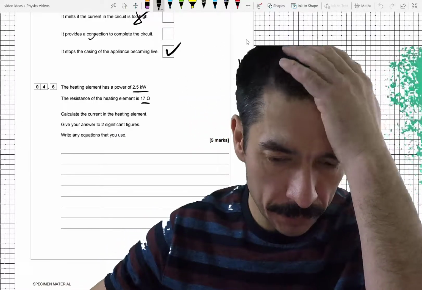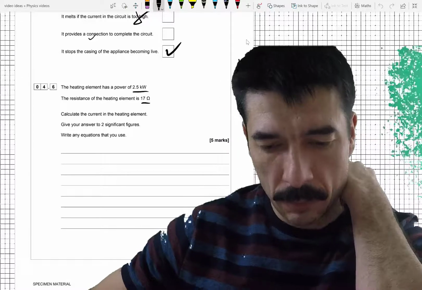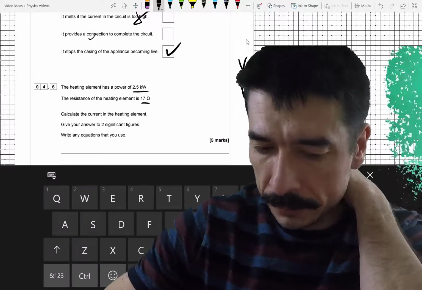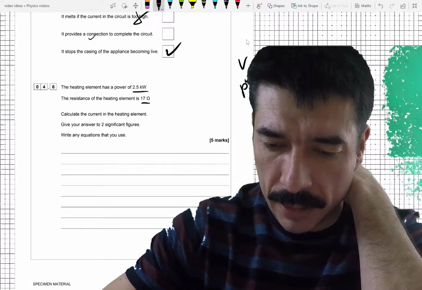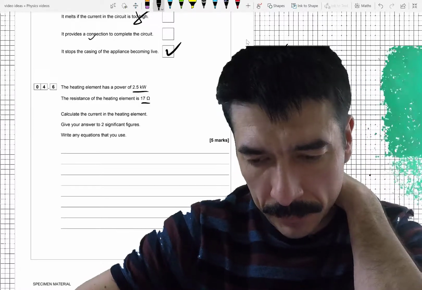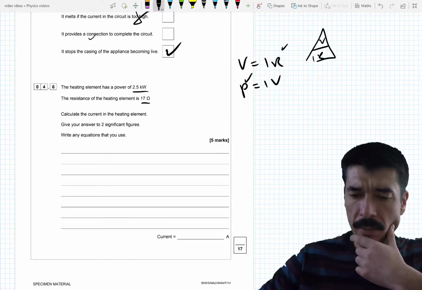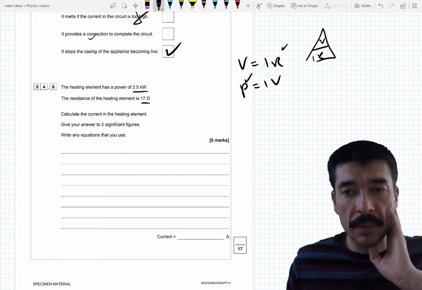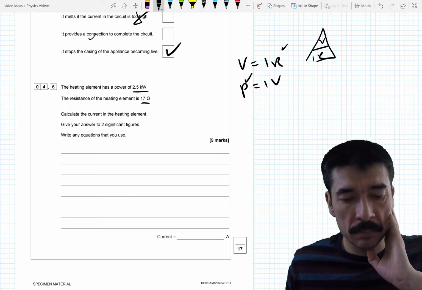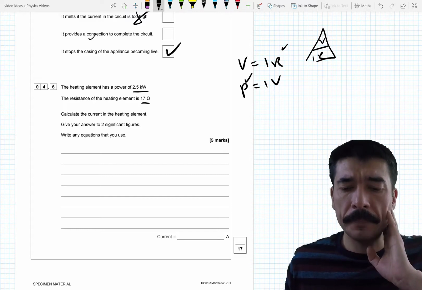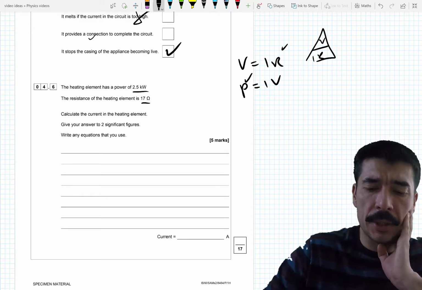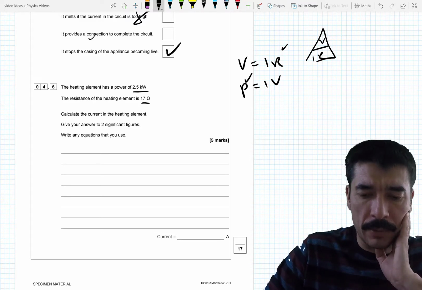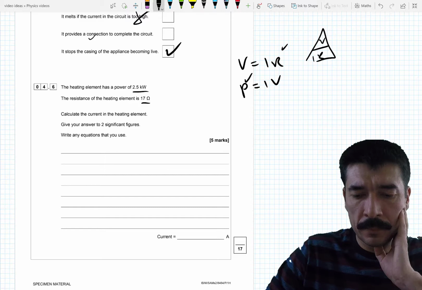So, what have I got? I've got the power. I've got the resistance. And I'm asked for the current. But we don't appear to be able to make any of them work. Okay, so we're going to have to combine 2 formulas together. I need an equation that has got power, current, and resistance in it.